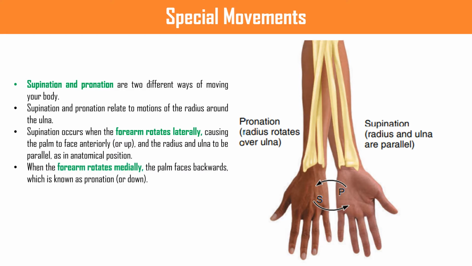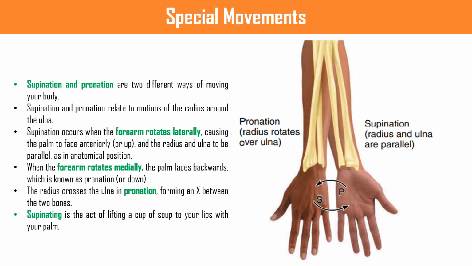When the forearm rotates medially, the palm faces backward, which is known as pronation or down. The radius crosses the ulna in pronation, forming an X between the two bones. Supinating is the act of lifting a cup of soup to your lips with your palm. So, in pronation, the radius rotates over the ulna; in supination, the radius and ulna are parallel.